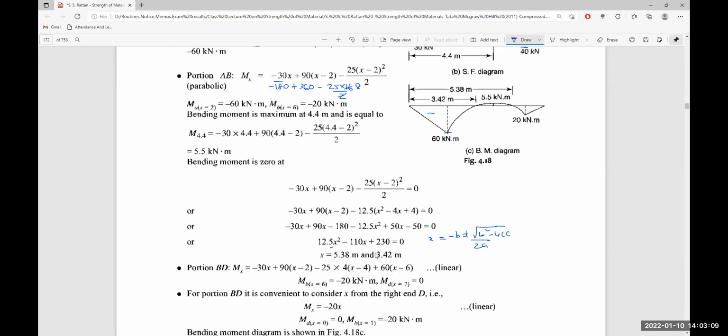If we make the calculation, we get x equal to 5.23 and 3.42, where the bending moment is equal to 0, which means the bending moment curve intersects the axis at this section and at this section.